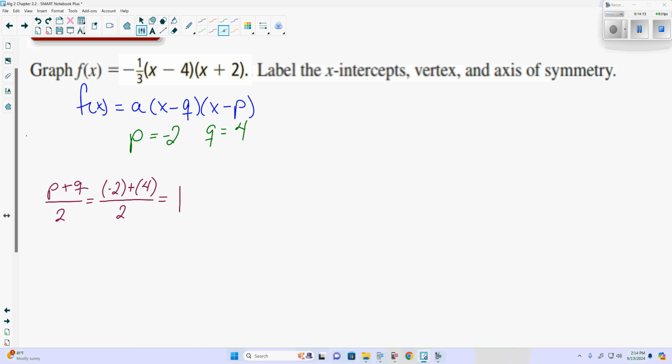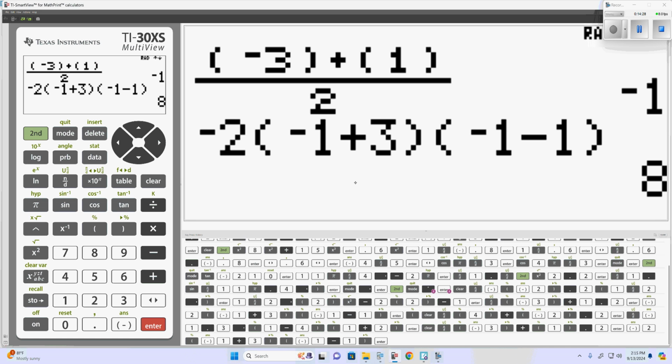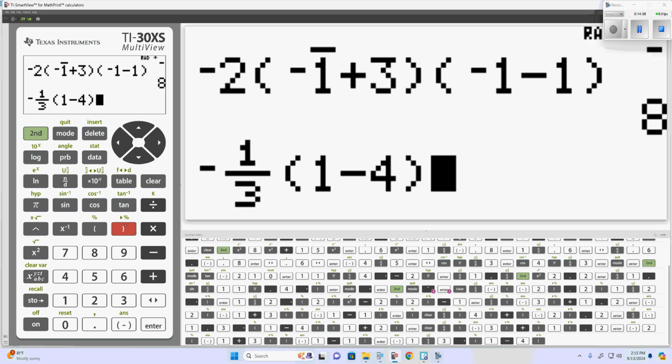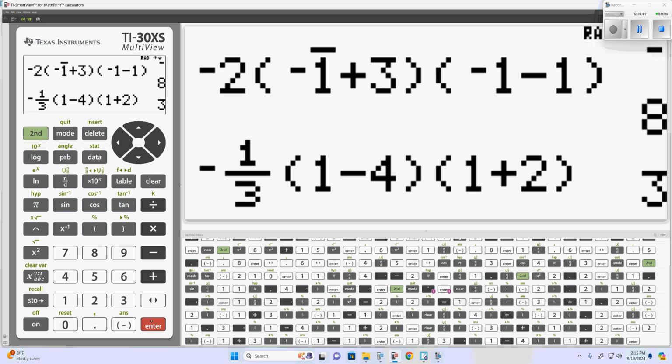At this point here, the only other calculation we have was taking 1 and plugging it back in. As it was 1 minus 4 times 1 plus 2 is 3.